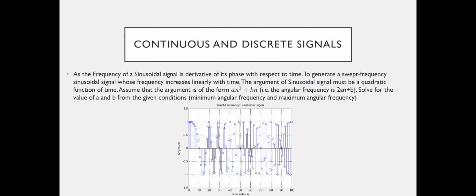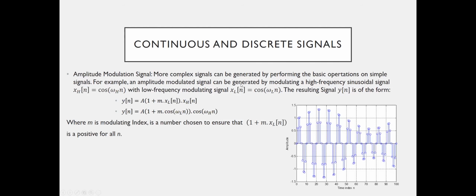Swift frequency means your frequency will start lower, get congested, then become lower again, then congested again. For that you have to use the argument in quadratic form. So please try these two functions.